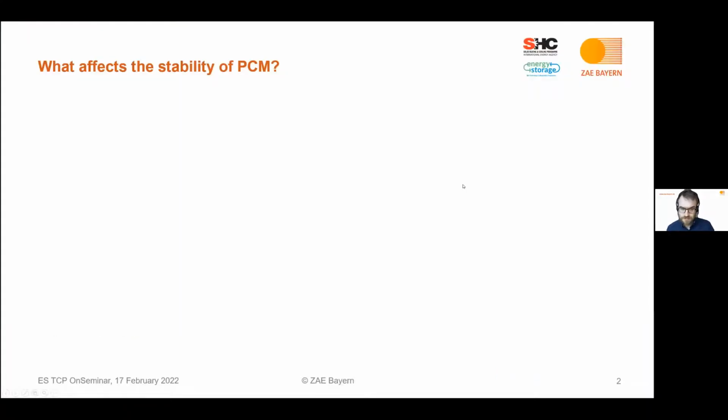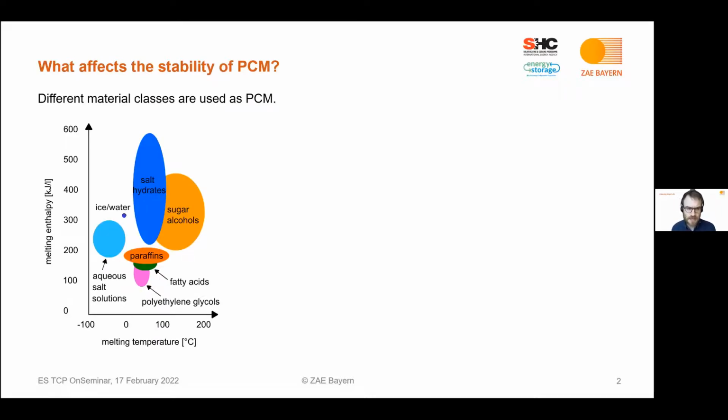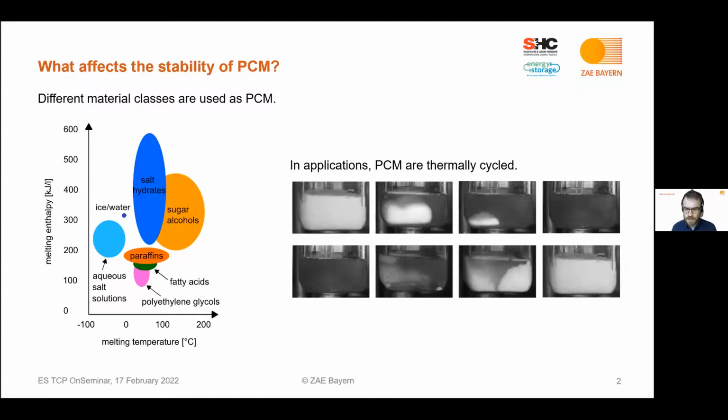So first, related to PCM, the basic question is what affects the stability of phase change materials. As already outlined, there are different material classes that are used as PCM, some of them inorganic, some organic, so they have quite a variety of material properties and phase change behavior. In measurements, these PCM are thermally cycled.